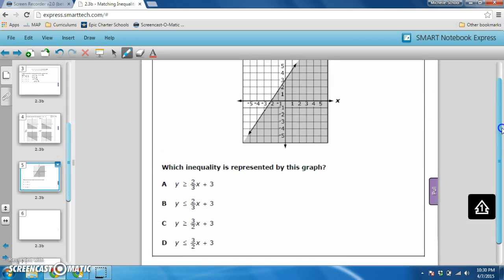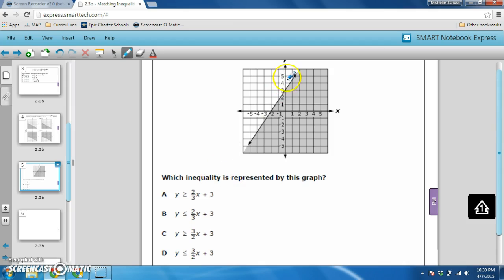Okay, which inequality is graphed? It is a solid line. Okay, the y-intercept is +3. Okay, and then the slope is going to be up 1, 2, 3 over 2. Okay, so it's got to be either C or D. So if we plug in our point 0, 0, on this one we're going to get 0 is greater than or equal to 3.